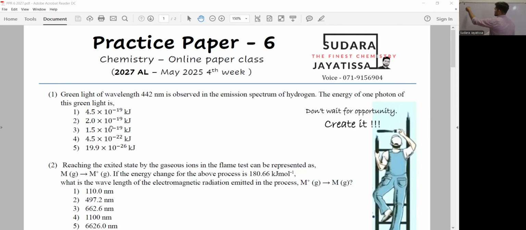It is given the wavelength lambda 442 nanometers. They are asking the energy of 1 photon of that particular wavelength.